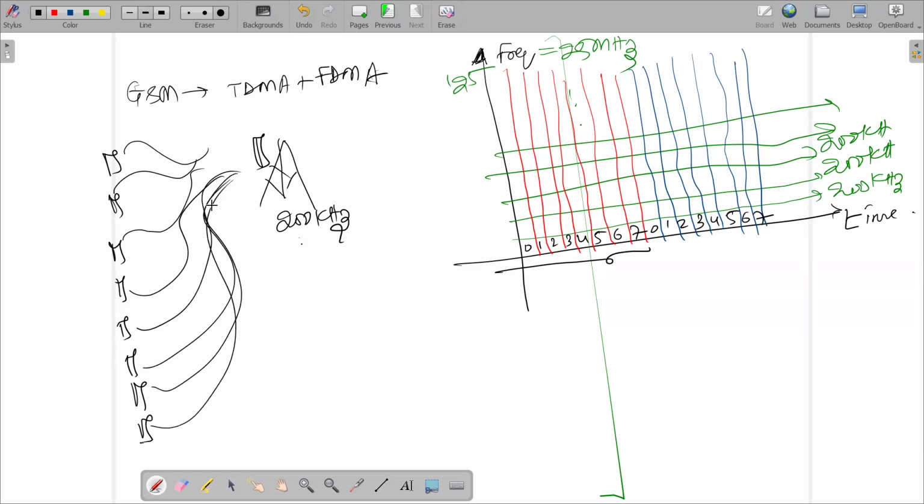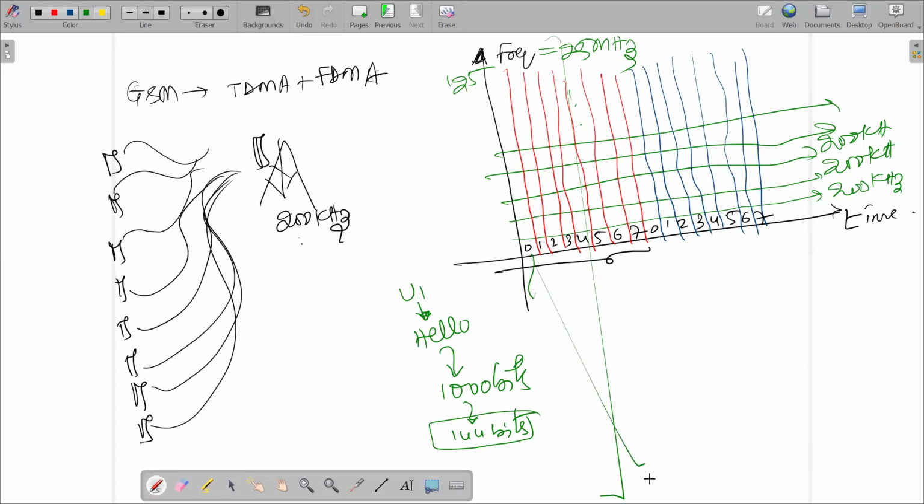Okay, so for example, as we have taken one example, 1000 bits produced from the word hello. Here this is subdivided into 144 bits each. For example, this hello word is transmitting from user one. U1 means user one, so user one is assigned here.